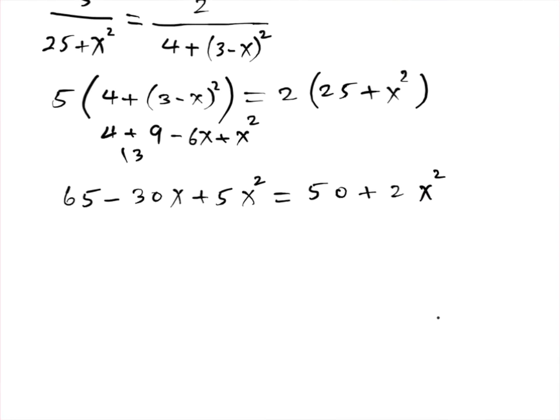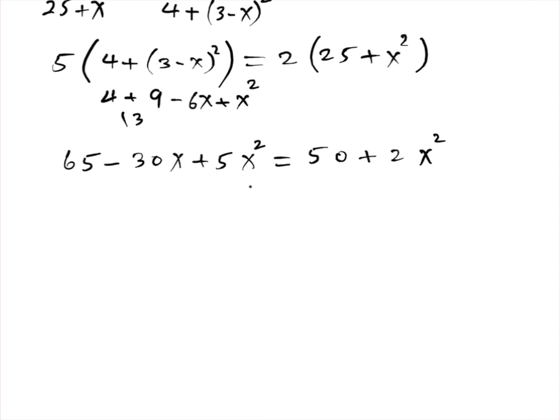And now you gather all the terms on the left, meaning you subtract 2x squared from both sides. So this and that will give me 3x squared on the left. And then you have negative 30x on the left, and 65, you subtract 50, plus 15.